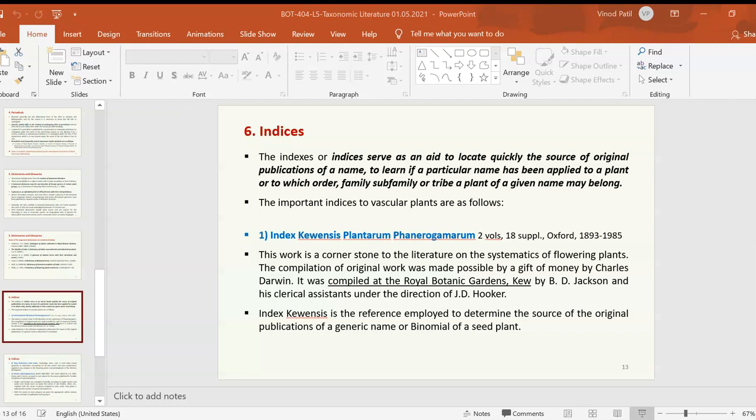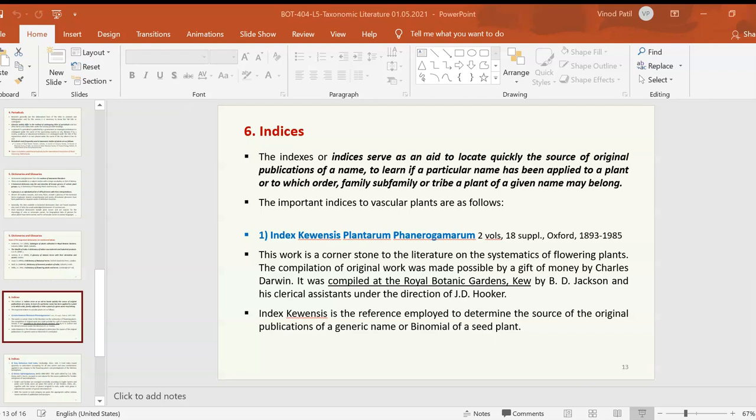After dictionaries and glossaries, here are indices. You may call them indexes. The indexes or indices serve as an aid to locate quickly the source of original publications of a name, to learn if a particular name has been applied to a plant, or to which order, family, subfamily, or tribe a plant of a given name may belong.